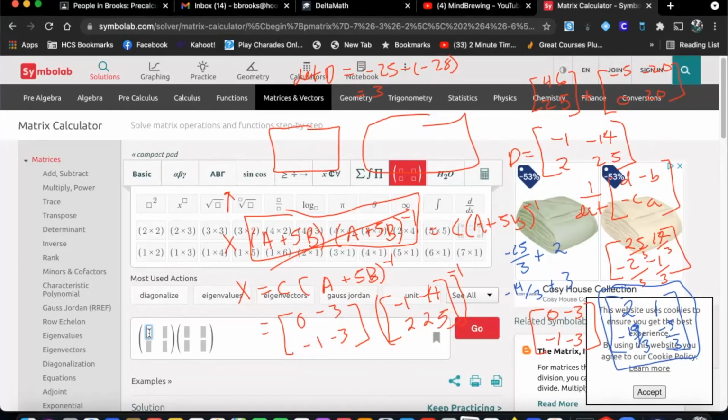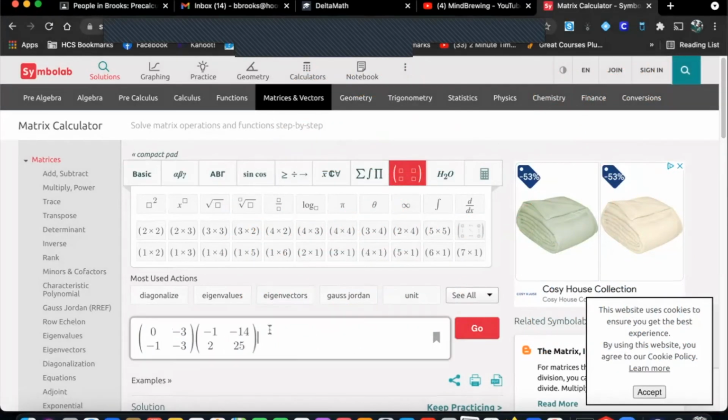Just give me 1 second. So I've got 0, negative 3, negative 1, negative 3. Then D was negative 1, negative 14, 2, and 25. And what I'm going to do is just invert this, because remember we had to take the inverse of that.